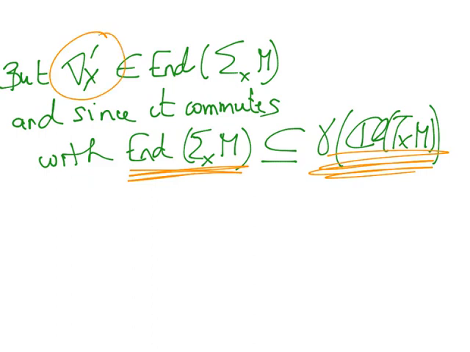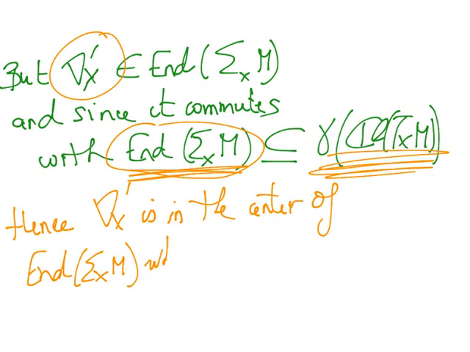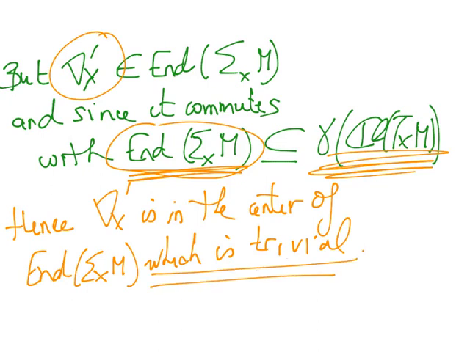So nabla prime commutes with the endomorphism of sigma of xM, and hence nabla prime x is in the center of the endomorphism of sigma xM, which is trivial. The center of the endomorphism is trivial.